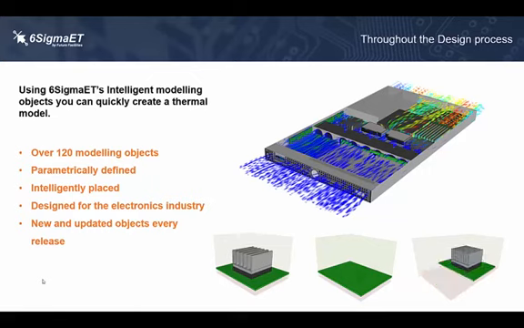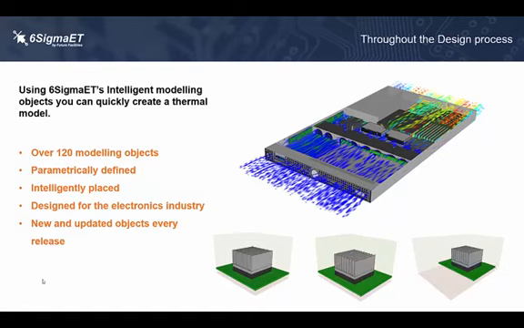We have 120 of these different types of modeling objects, which are all basically parts you'd find in an electronic system, and we're constantly gathering feedback from the market about what modeling objects you'd like to see in 6SigmaET and adding new objects and updating objects every single release.